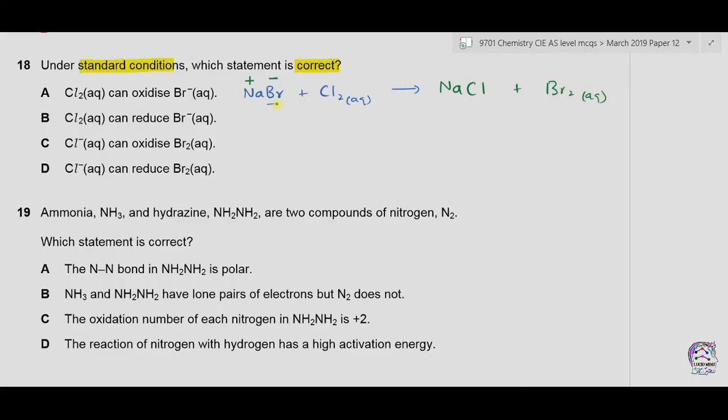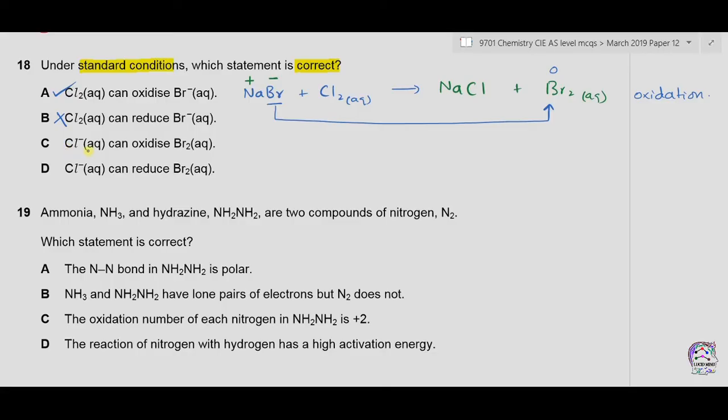In this equation, the oxidation state of Br has changed from -1 to 0. So from -1 to 0 is oxidation. So for part A, chlorine can oxidize Br⁻, so this seems to be true. B is chlorine aqueous can reduce Br⁻, but as Br⁻ is being oxidized, this is incorrect.